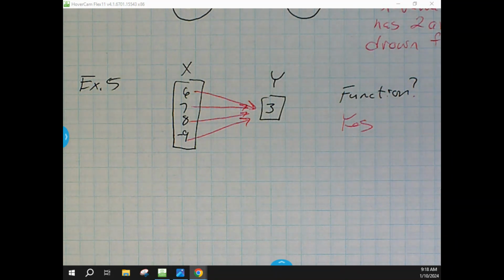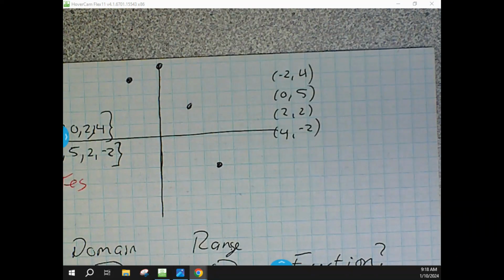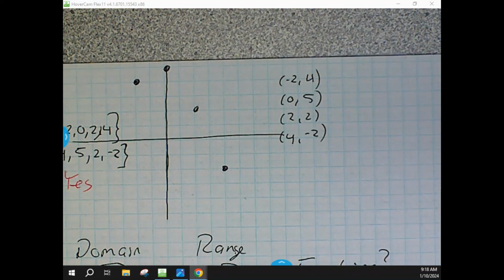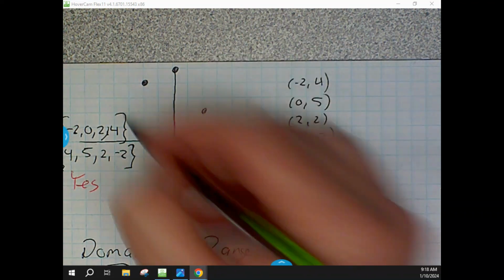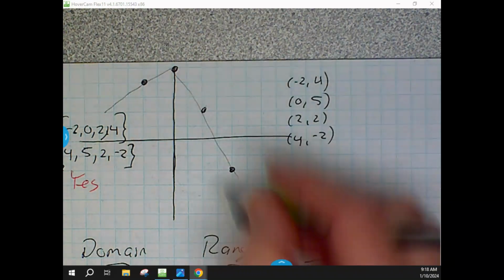Okay. Now, one thing you can do, and we'll back up for a minute: if you do have a graph that they give to you, whether it's a bunch of individual points like this, or sometimes they may give it to you so that you've got a line connected, something like that.